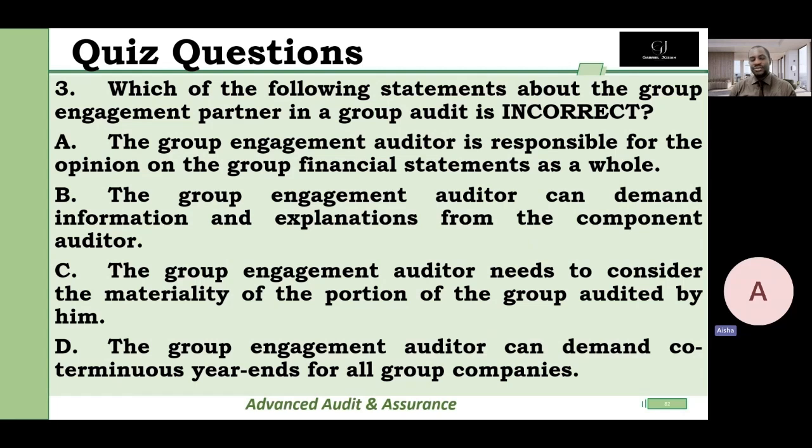So you can't do that. You can't extend it. I always say that if there is any grammar you do not understand, that's the answer. You were saying C or D, but then you just picked C. The group engagement auditor needs to consider materiality of the portion of the group audited by him is correct. Exactly. So D is incorrect. You cannot extend the date.